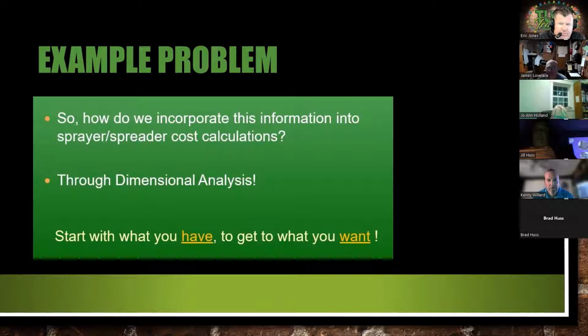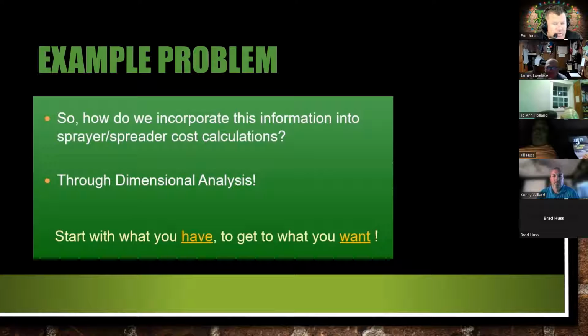So what is it that we have? We know that we have an 8,000 square foot home lawn, and we're trying to get to what our product costs. So basically in this, all we're worried about is how much we're spending on the chemical. Everybody's overhead, everybody's pay rates and things like that are different, but we can get to the exact same cost on what we're spending on products.